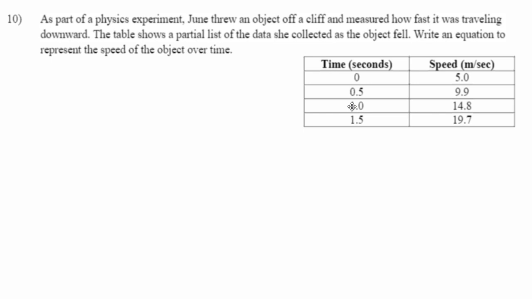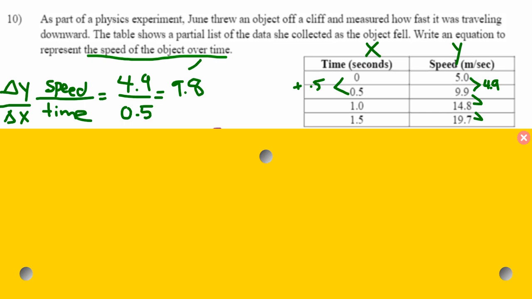And again, I would compare the differences I have here to the differences I have here to find my rate of change. And so I can see that these were 4.9, these were 0.5. So when I compare 4.9 to 0.5, that's 9.8 meters per second.